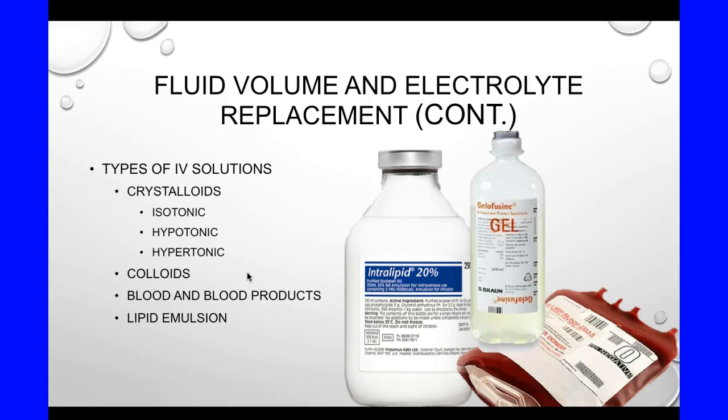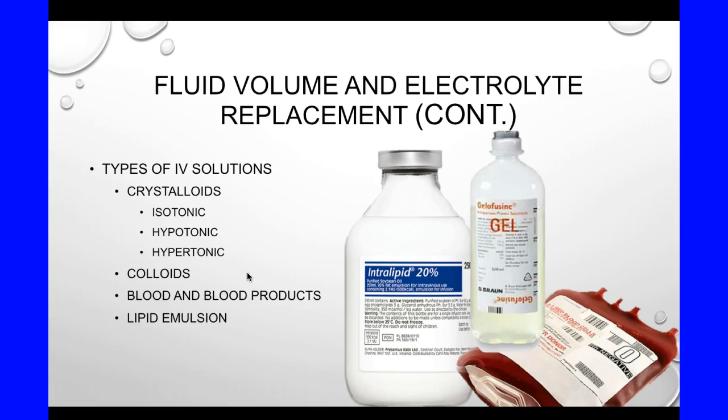So when you think of a hypertonic solution, all of the sodium has been sucked out, so you're going to give a different solution. If someone's hypotonic and the cells are swelled, you're going to give a different solution, with a lesser amount of sodium in it.